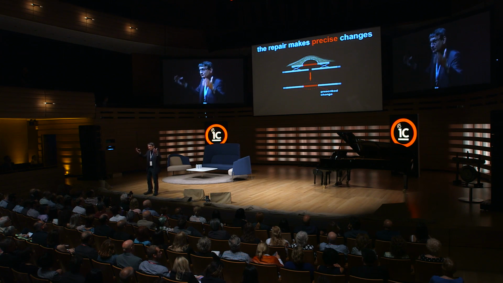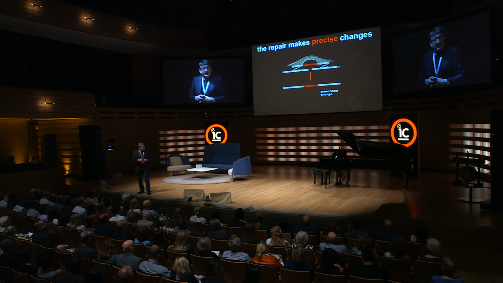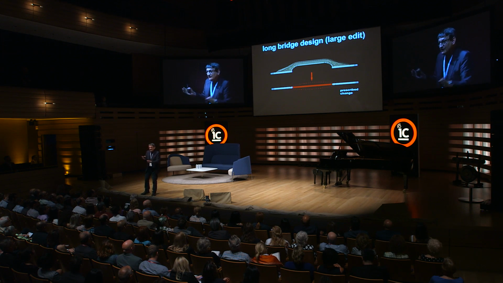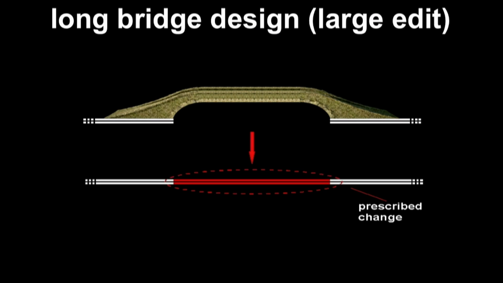So you've made this prescribed change. And what this enables us to do is put in either very, very small changes, in fact they can reflect a small deletion, or huge changes of many thousands of characters. And this really makes me think that we've given a carpenter, a kind of molecular carpenter, an amazing new set of tools.